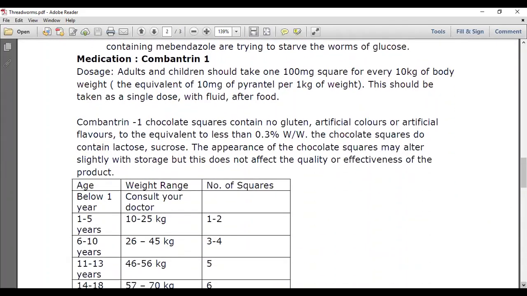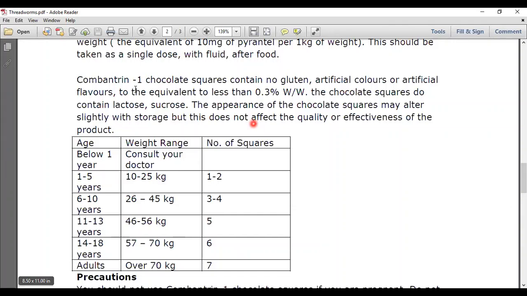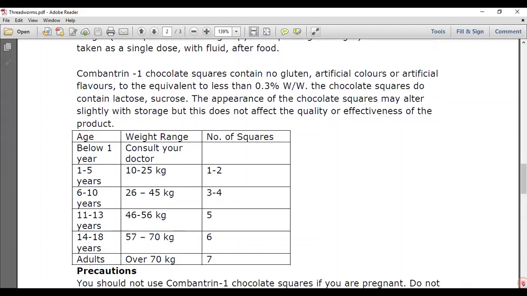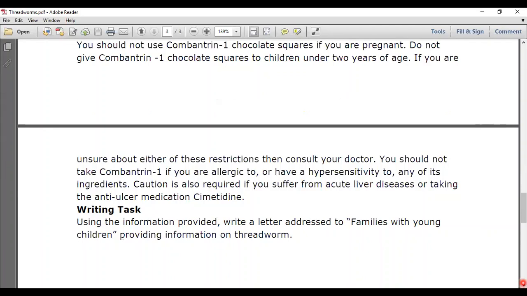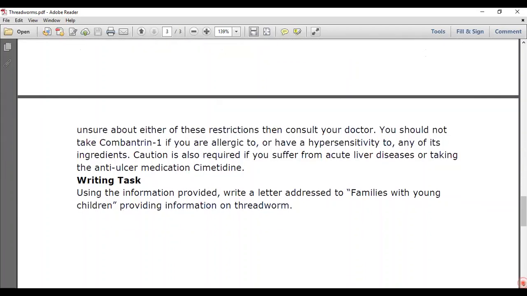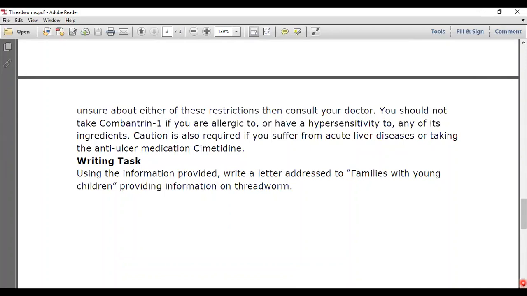So you don't need to give much detail about this aspect. What medication is to be given, how much is to be given as per the dosage. But yes, you should tell them the contraindications, when they should not be giving it, and a general advice that they should be consulting their pharmacist or doctor before taking medication.